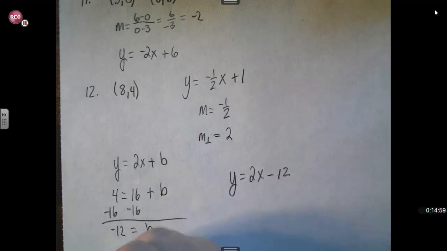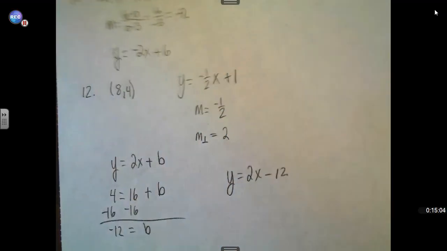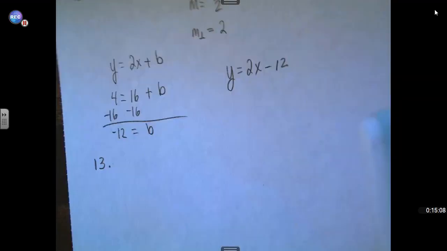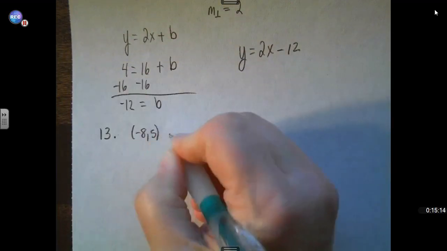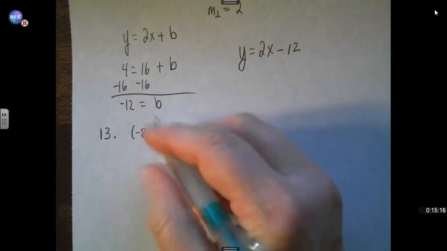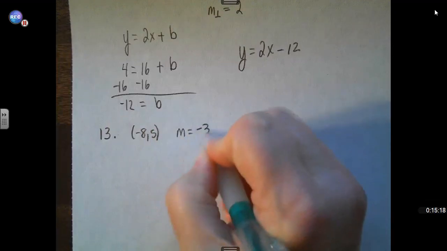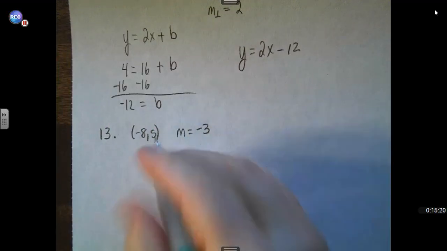That's that. 13. Write an equation in slope-intercept form that passes through the point -8, 5, and has a slope of -3. So they gave me everything I need.